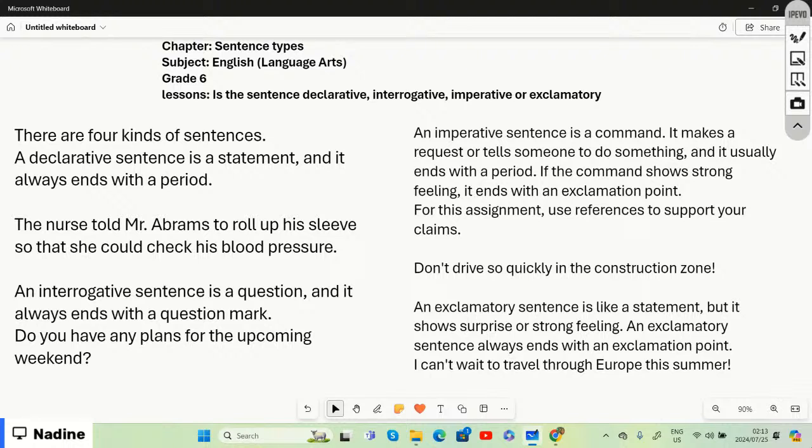And when we show surprise or strong feelings, that is how the exclamation mark is used. That is why we say an exclamatory sentence always ends with an exclamation point.